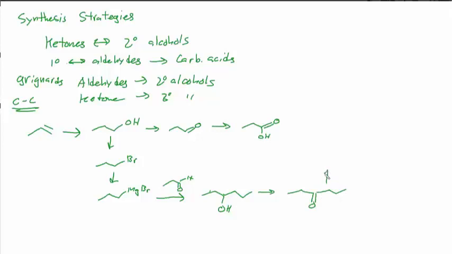That ketone can be further reacted with a Grignard. This secondary alcohol can be converted into an alkyl chloride or alkyl halide. We can turn that into a Grignard. We can repeat this process ad nauseum.